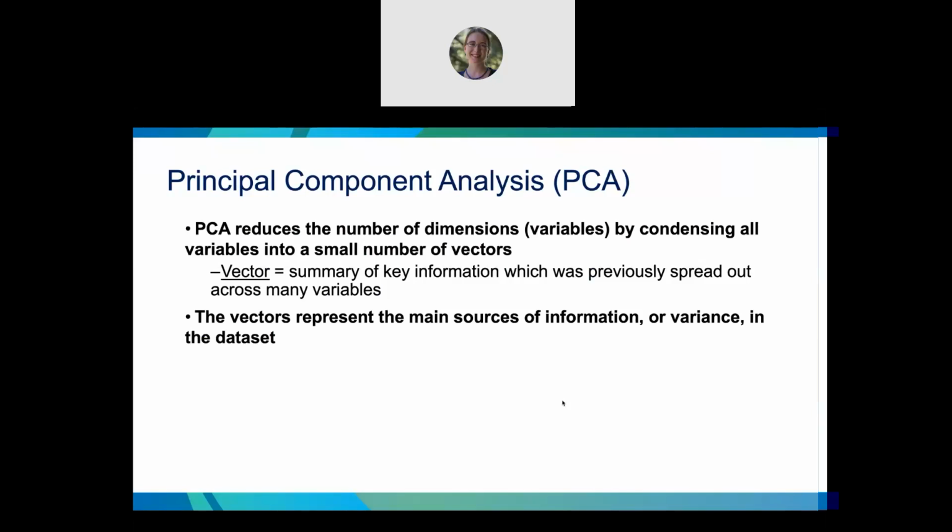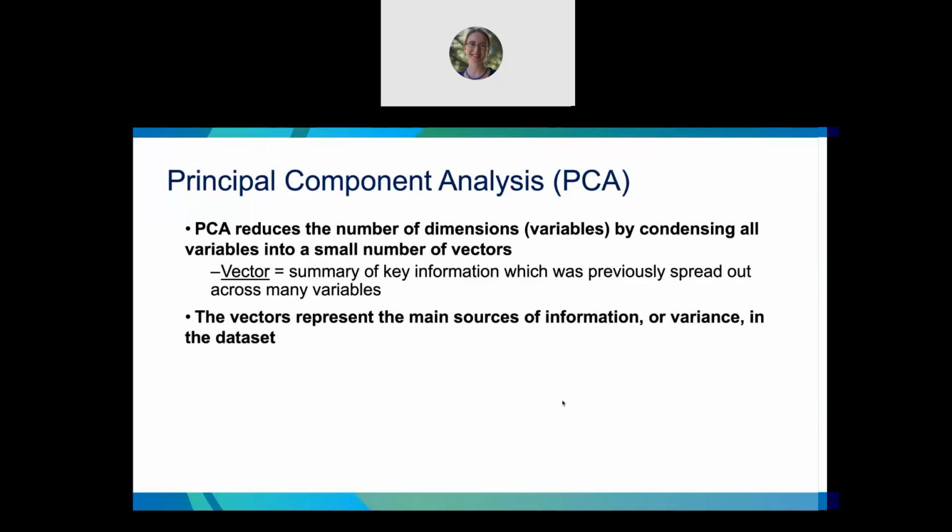And these vectors represent the main sources of variance across the data set. So you can imagine you have a data set with a lot of variables, but especially in, let's say, biological data, gene expression data, these variables are not necessarily independent. Some of them vary together. So there are sources of variance that are consistent across many different variables.